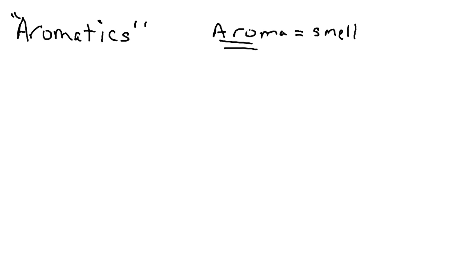If something has an aroma, you know what the word aroma means, right? Aroma means smell. So the aromatics have smells. Perfumes and things like that, of course, would be made of these.